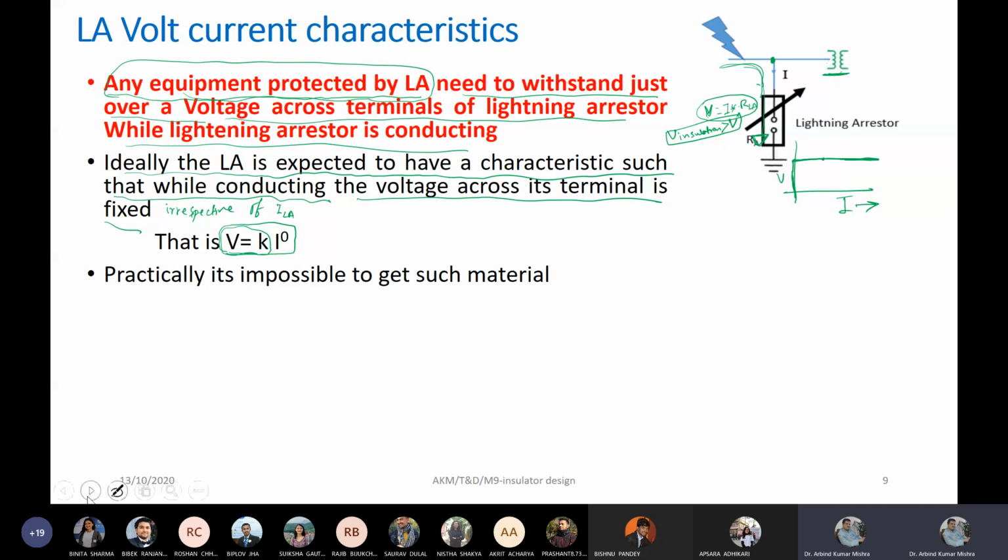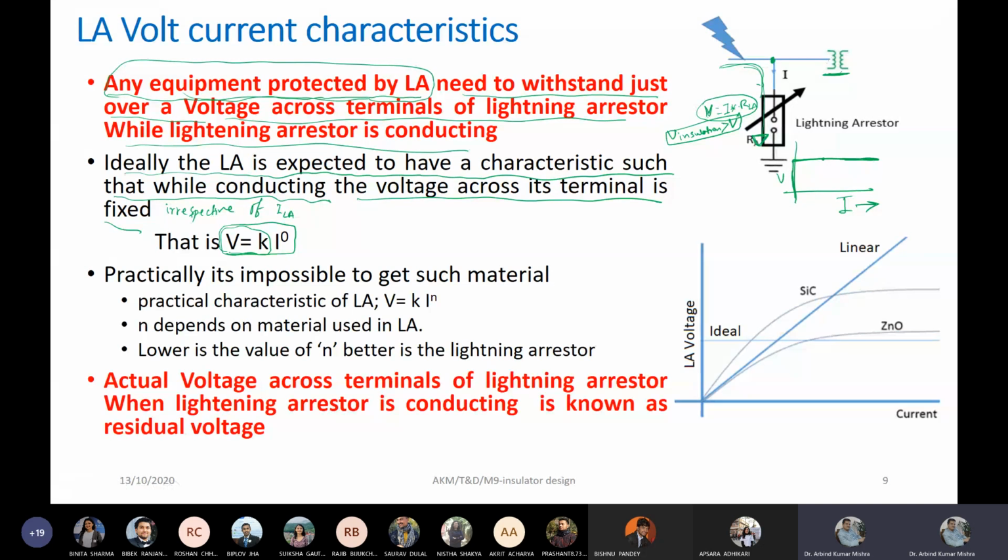So practically, the volt-ampere characteristic of a lightning arrester is set as V = K times I^N, where you must remember that if I put N equal to 1, what will happen? If N is equal to 1, this K is the linear resistance. So if N is equal to 1 in this expression, we call it the linear resistance.